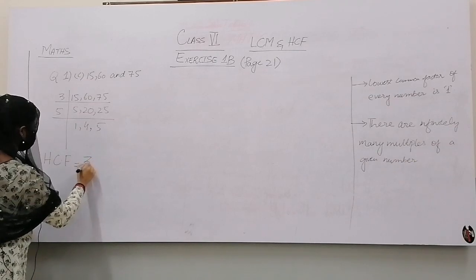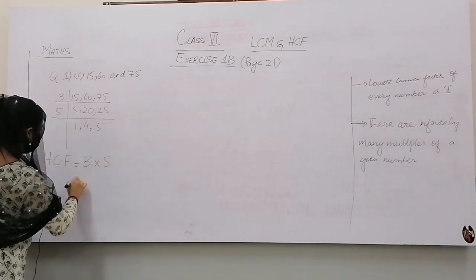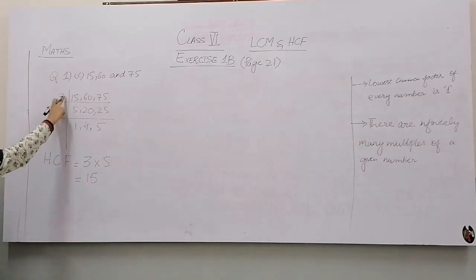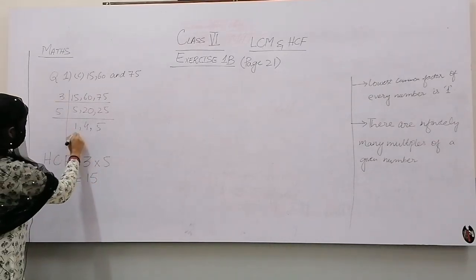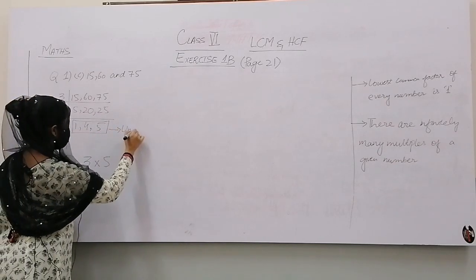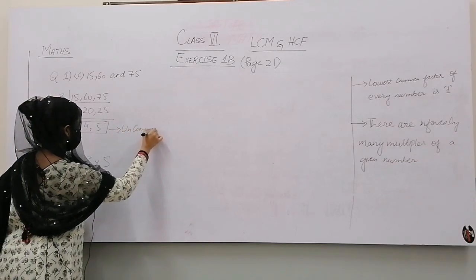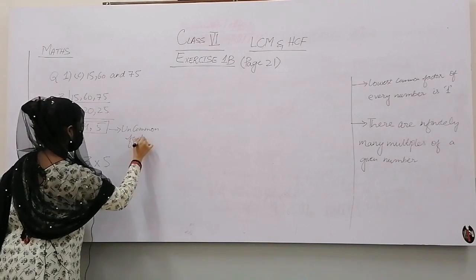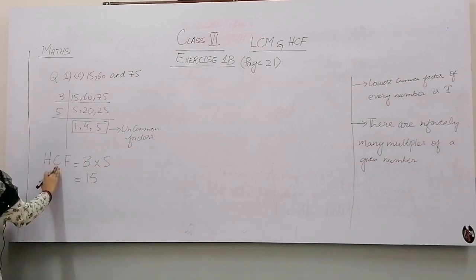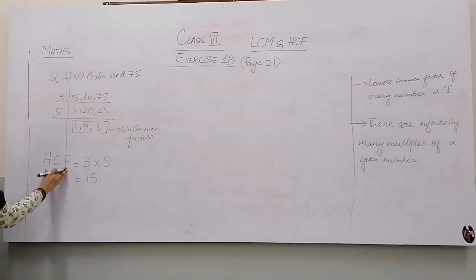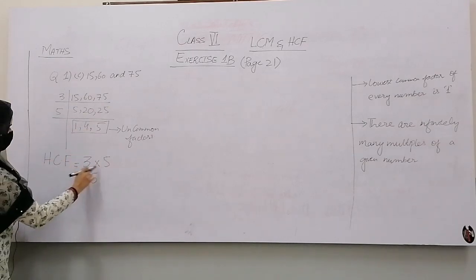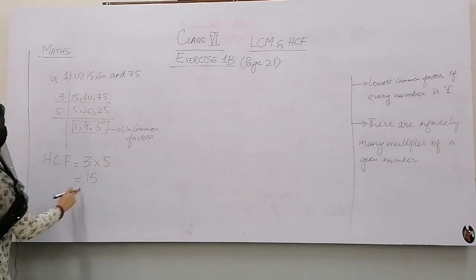HCF is equal to 3 multiplied by 5, which is equal to 15. Basically, we multiplied the common factors. These numbers which are left, these are uncommon factors. So we do not need these numbers in HCF, as HCF is highest common factor. We just need common factors. Multiply common factors, 3 into 5, which is 15.